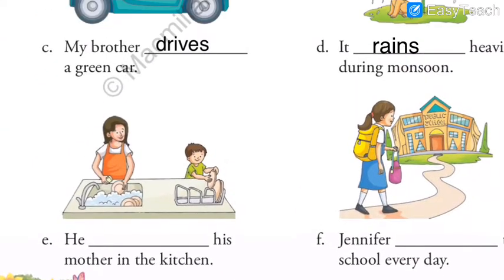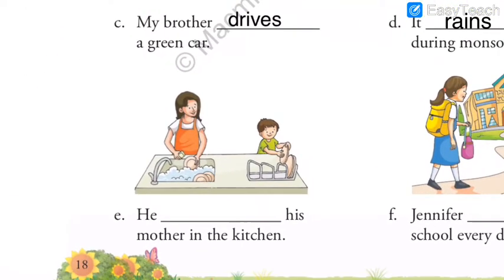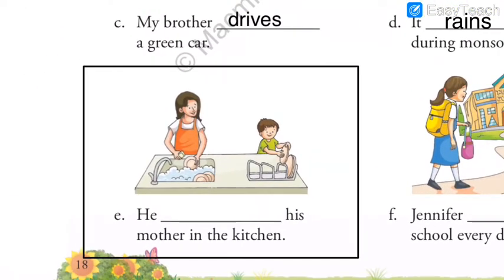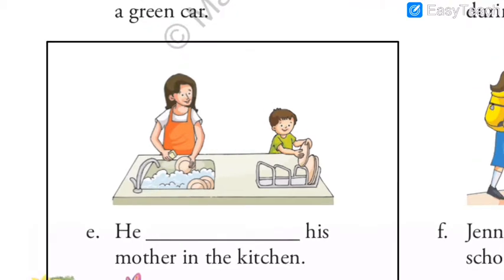And what about this blank, this highlighted blank? He dashed his mother in the kitchen. What is he doing? Can you see in the picture? Is he placing the dishes properly? Is he wiping them properly? See, his mother is washing the dishes in the basin.